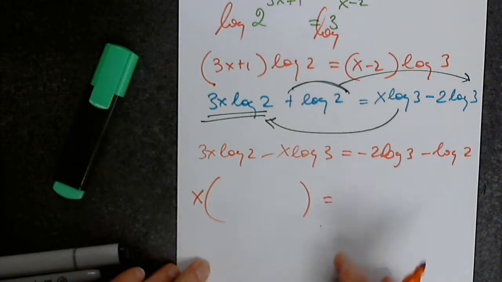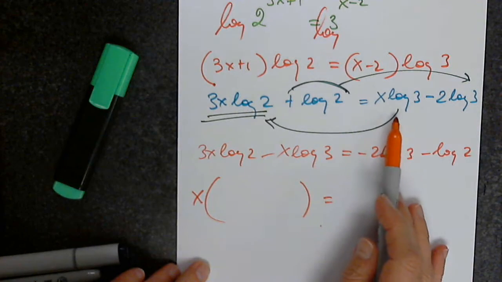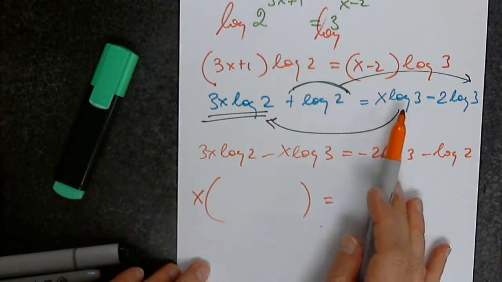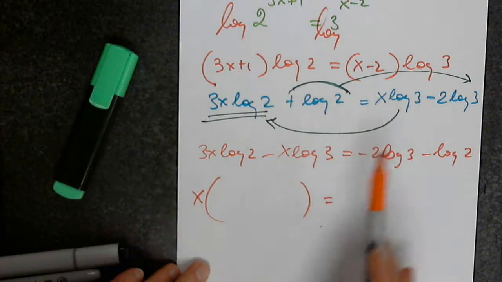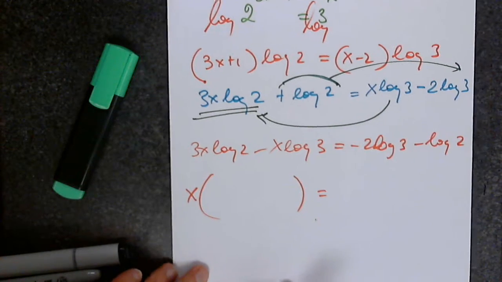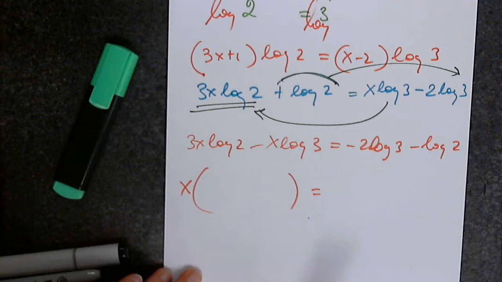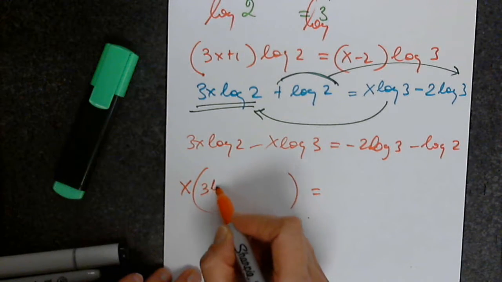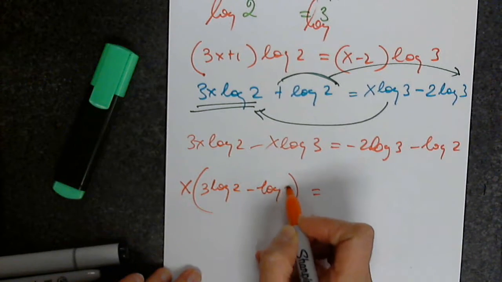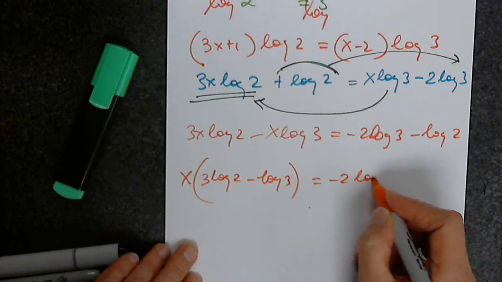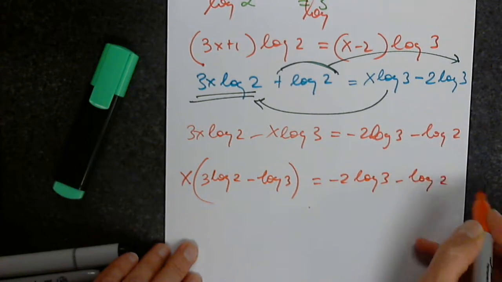Question real quick. Why didn't you switch them to different sides? It's linear. The equation is linear. I have to have x on one side and no x on the other. That's it. Since I cannot combine them, I factor x: x times (3 log 2 minus log 3), and I copy the right-hand side, negative 2 log 3 minus log 2.